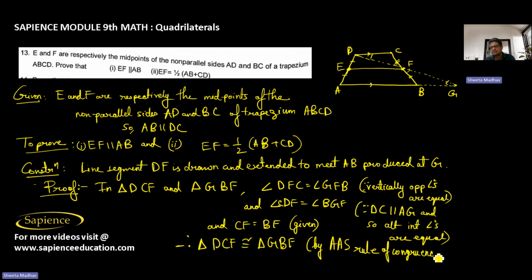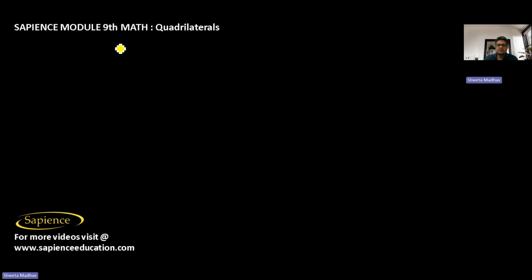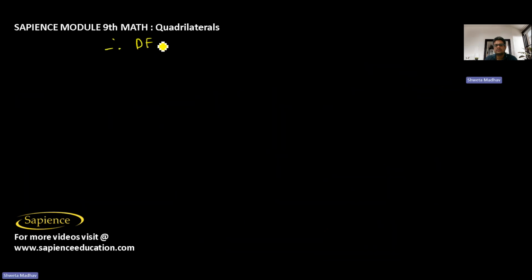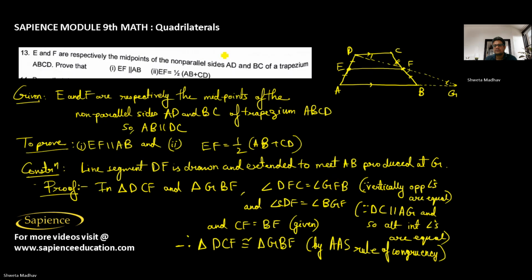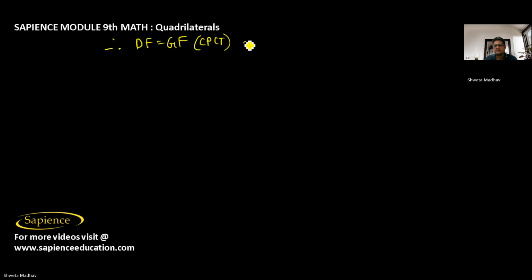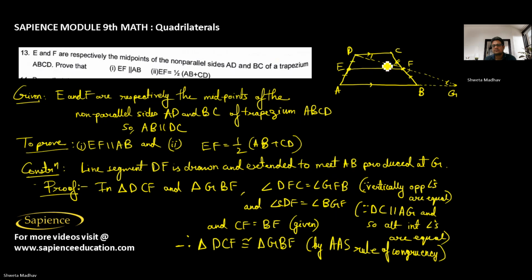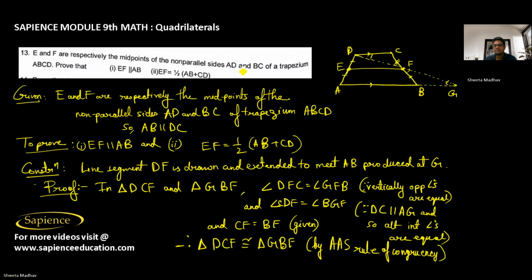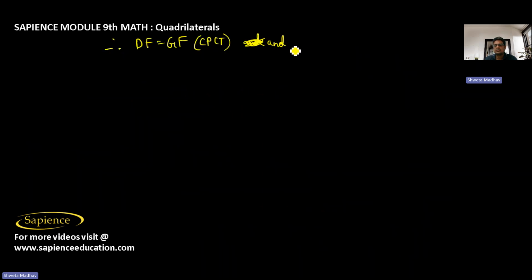So DF equals GF by CPCT, and also CD equals BG by CPCT.